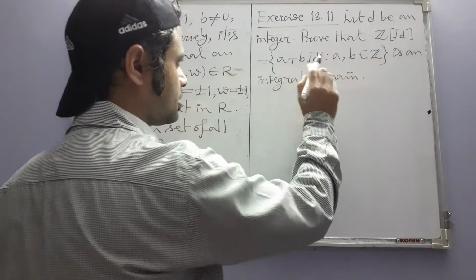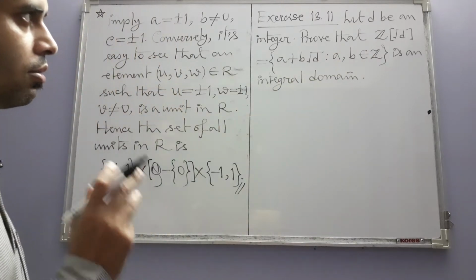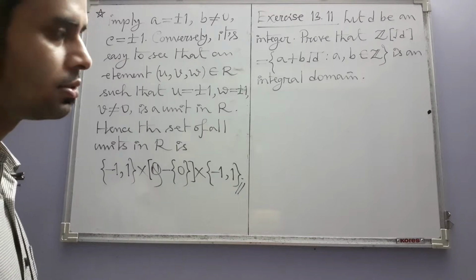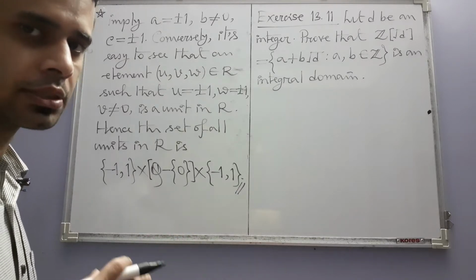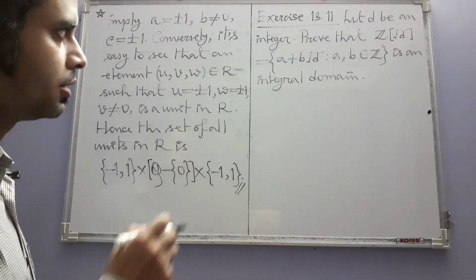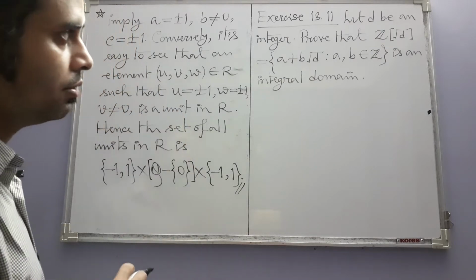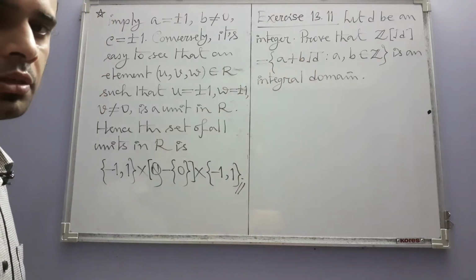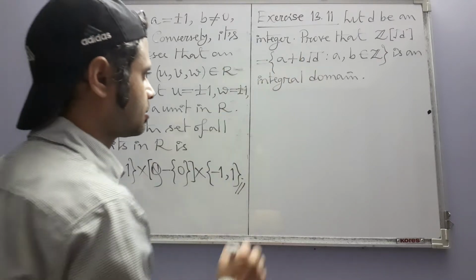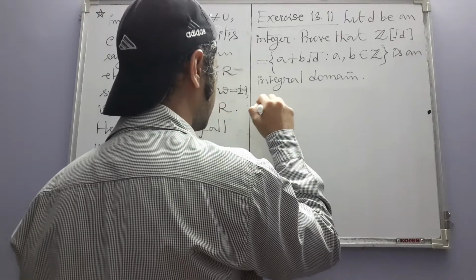Now, since this is a subset of that, and the operations we are going to use here are the same thing that we have in the field of complex numbers, that is complex addition and complex multiplication, automatically we know that this set also does not have zero divisors. Okay, so let's start our solution like that.